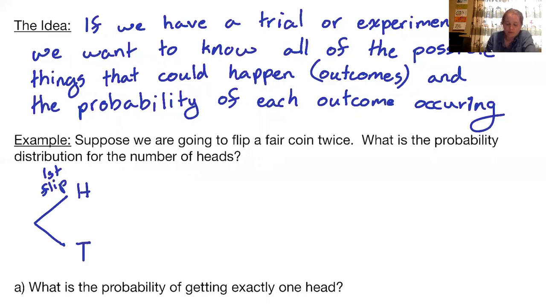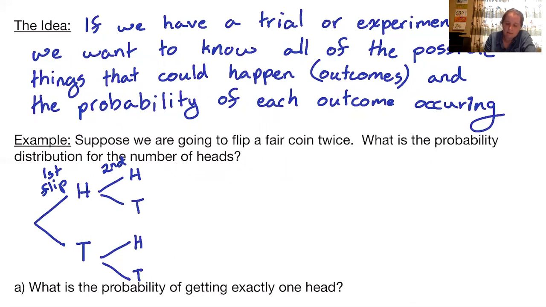And then if the first was heads, we flip again for our second flip, and we could again get either heads or tails. And if the first flip were tails, we could flip again and again get either heads or tails. So this is a sequence of events occurring.